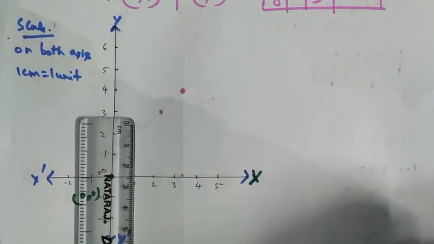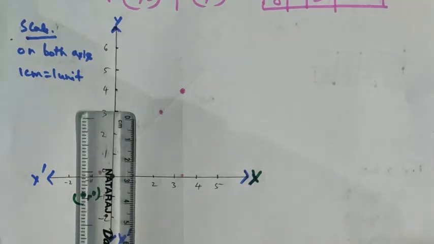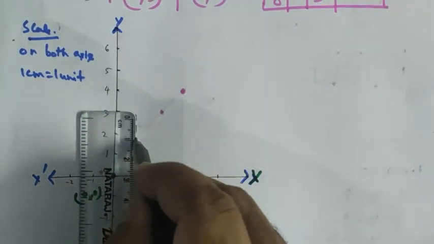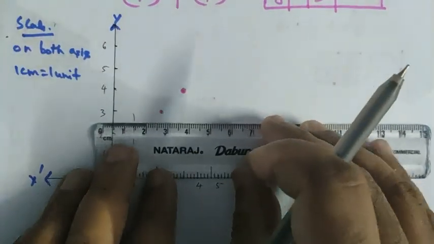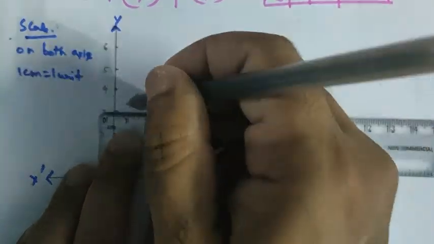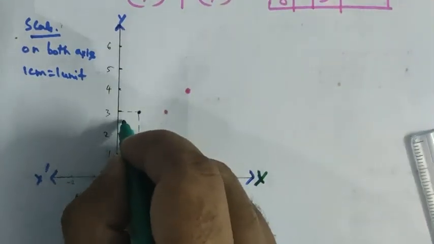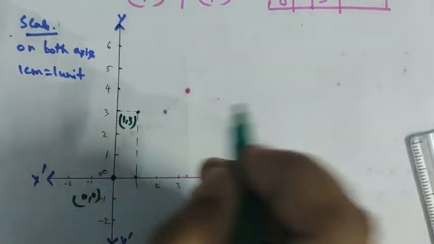So plus 1 and plus 3. So the plot will be here. So this will be the plot, that is plus 1 and plus 3, 1 comma 3. Now the third one is 2 comma 6.